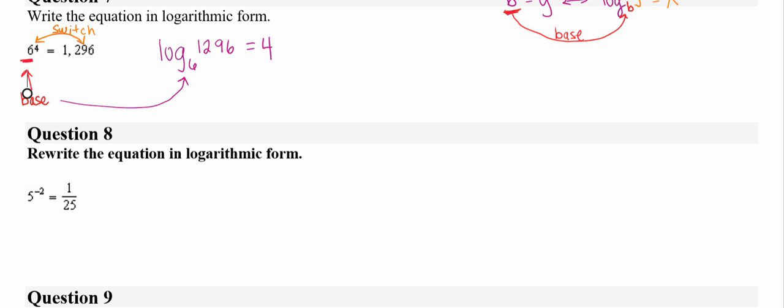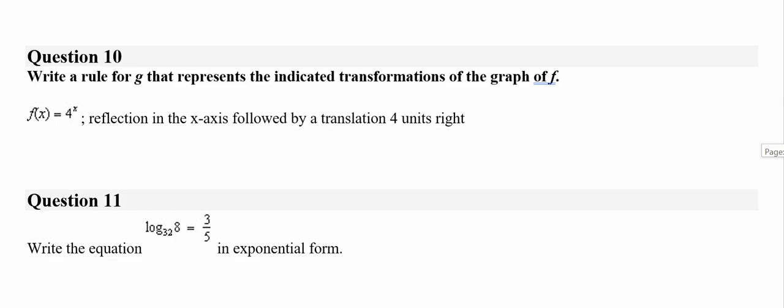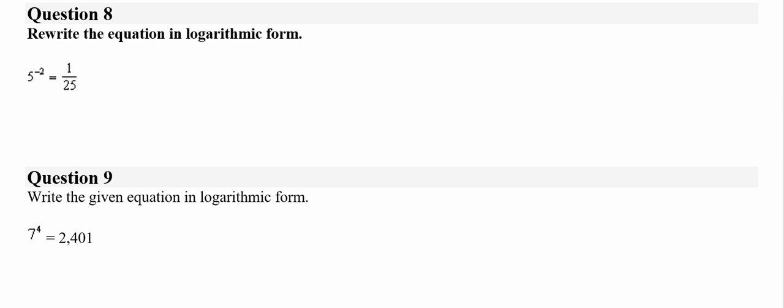Okay, same thing on this next one. Rewrite it. So we've got to determine what our base is. And these two are going to swap sides. So write the word log.